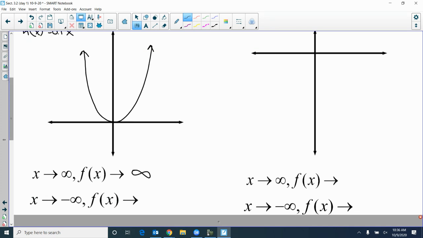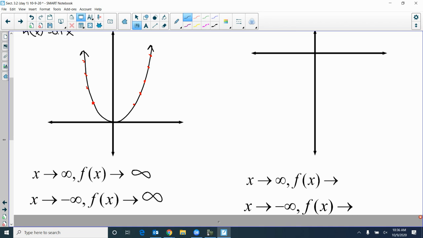So as I keep moving to the right, the answers keep getting bigger and bigger and bigger. What happens as I keep moving to the left? The answers are also going to where? Positive infinity. Okay? All right, so that's end behavior. As x goes to infinity, f of x is going to infinity, and as x goes to negative infinity, f of x is also going to infinity.